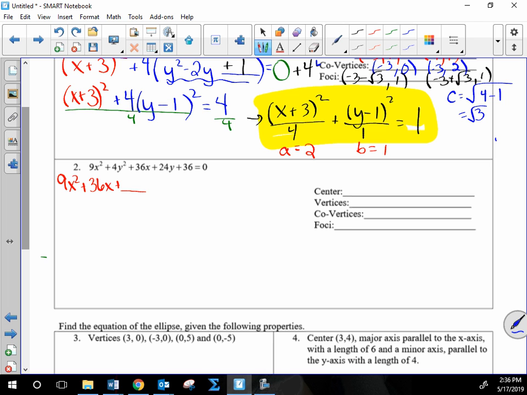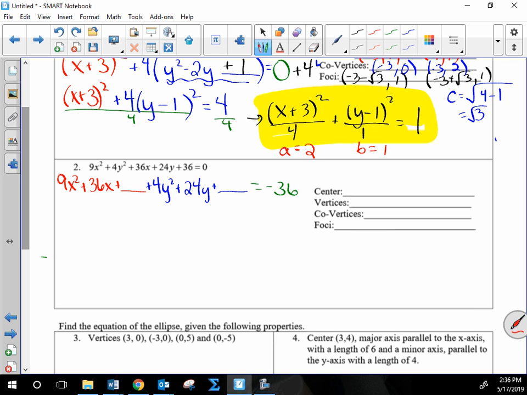I've got plus 4y squared plus 24y, leave my gap, equals -36. Oh man, we've got coefficients on both. We're gonna have to factor that out on both sides. Not too big of a deal though.